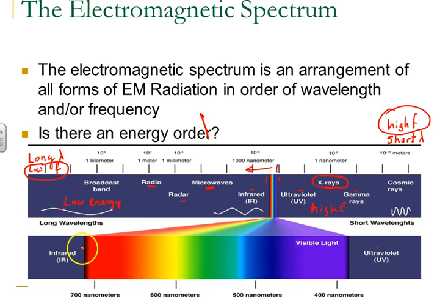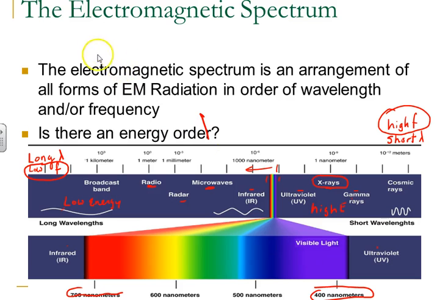Within the visible ranges, visible range typically stretches from 700 nanometers to 400 nanometers, with 400 being the high energy end, things like violet, and 700 being the low energy end, or red.